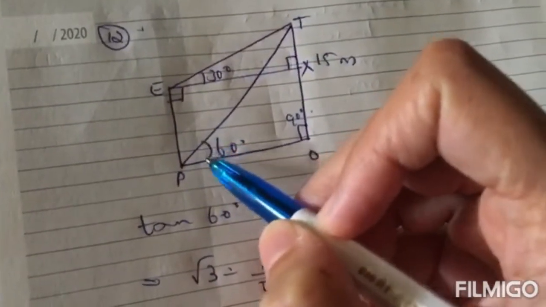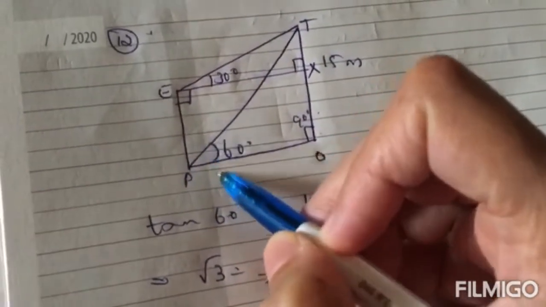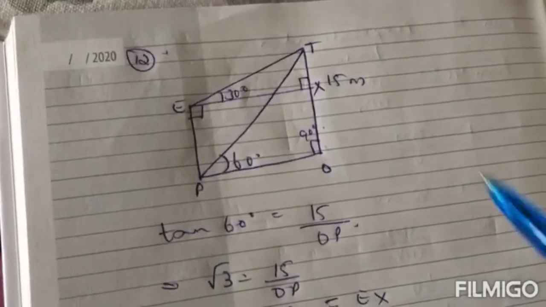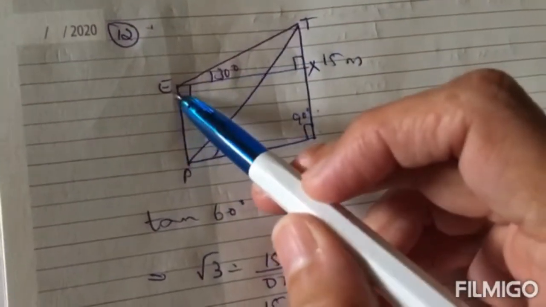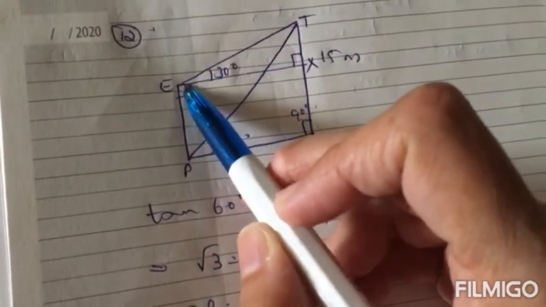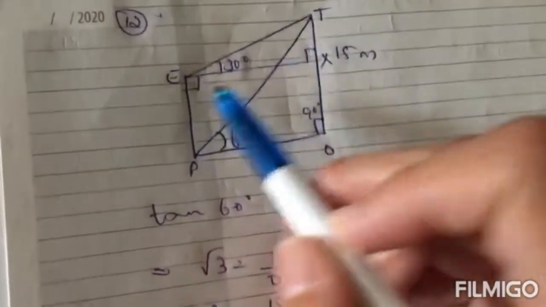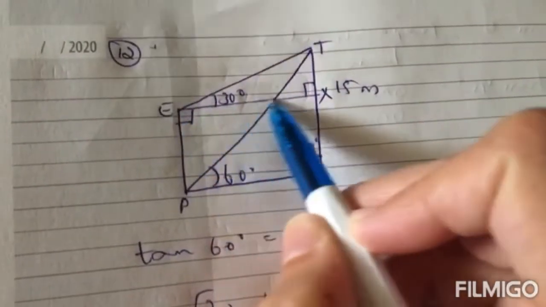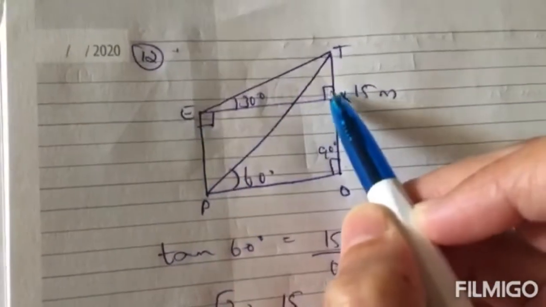So the angle that is formed at that point is called the angle of elevation. And then they say that the tower also forms another angle of elevation of 30 degrees from the top of the pole. So let this be the top. It is 30 degrees. Let us draw one line here such that this is 90 and this is 90.